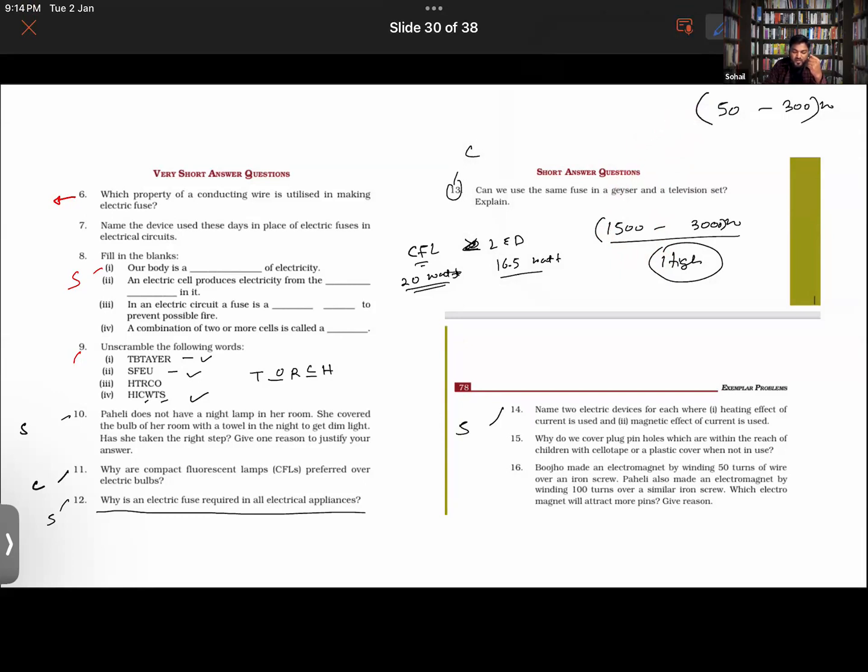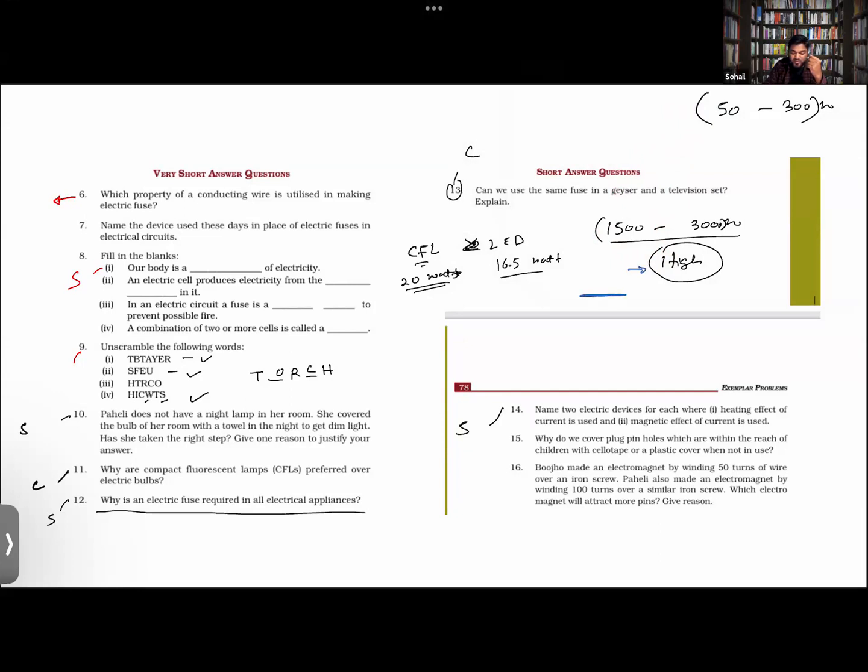Why? Because high current will be flowing, I would be using a fuse that has a high resistance, while you can't use that for the TV as well.